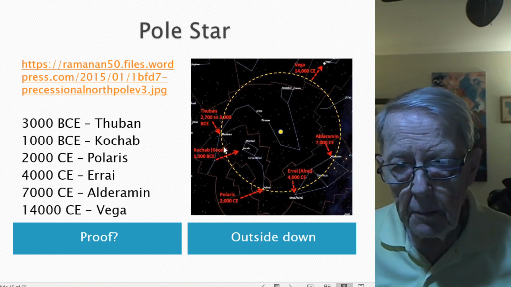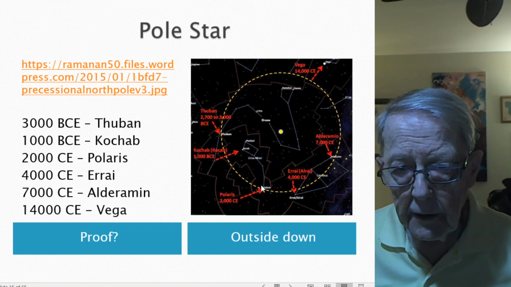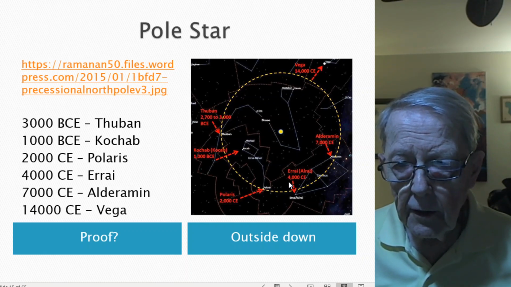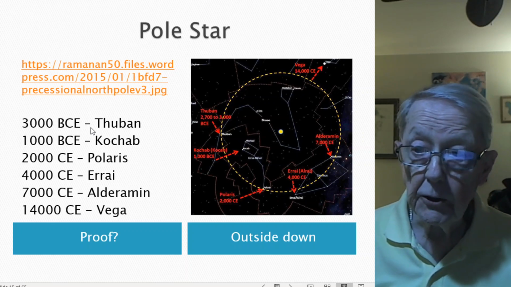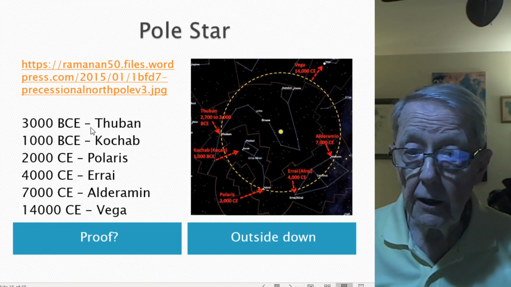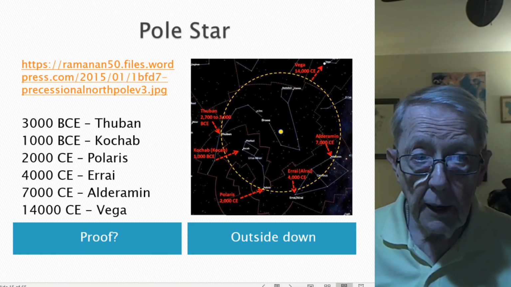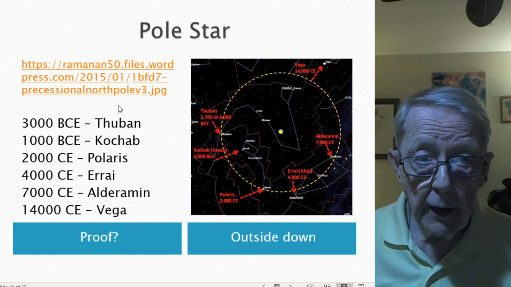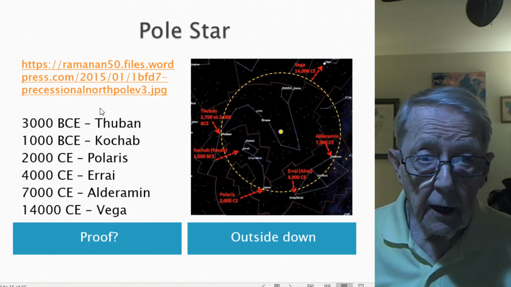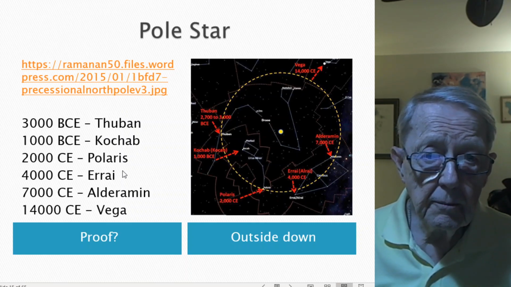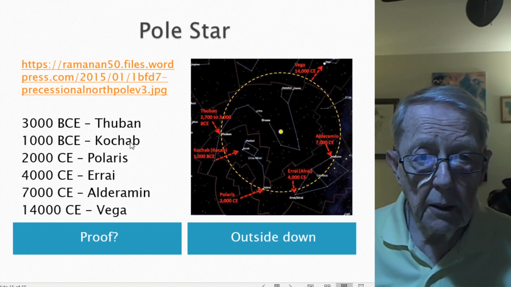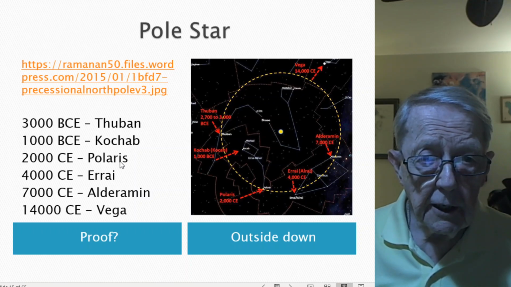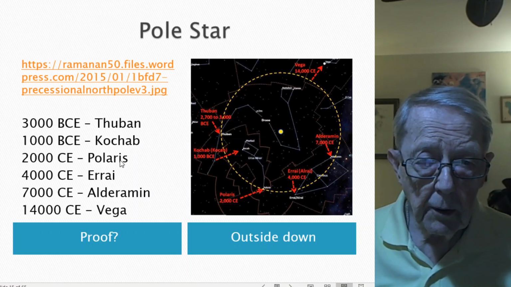And yes, it's coming by the bucket first and then the end of the tail and so on. And these are the stars that they understand were the pole stars at these eras. Thuban is at 3000, Kochab 1000 BCE, Polaris is our pole star.